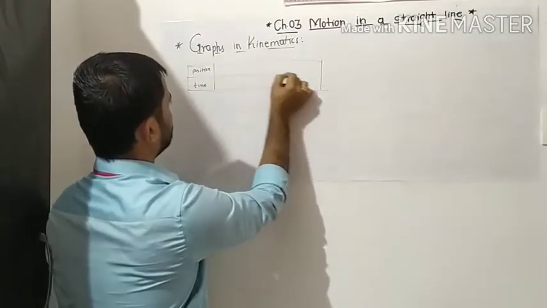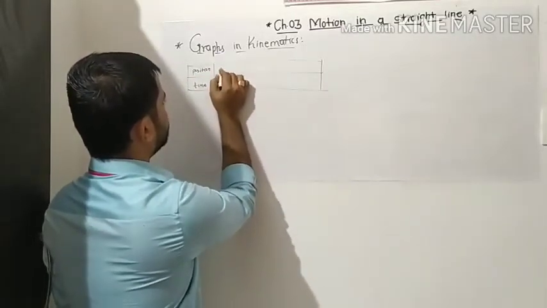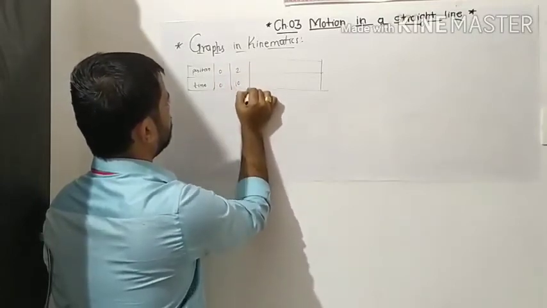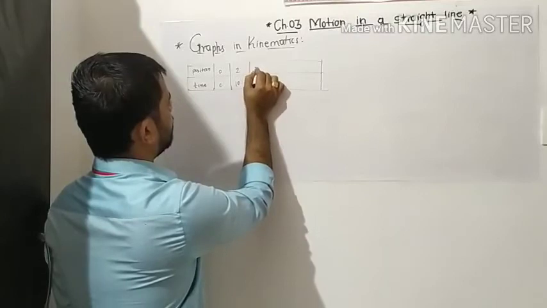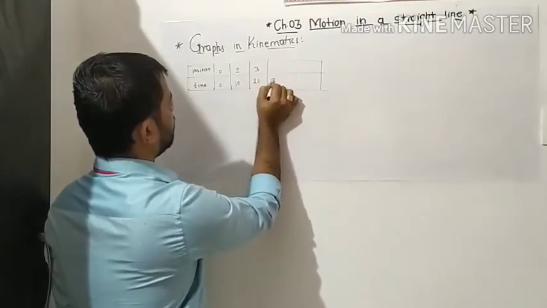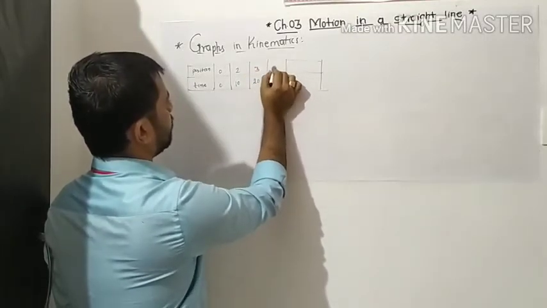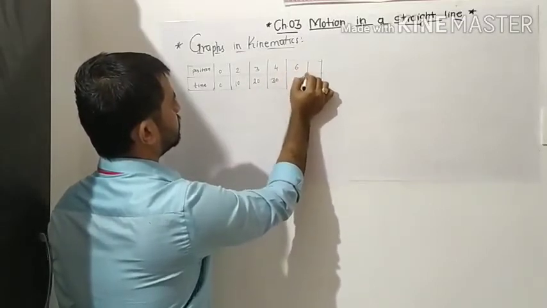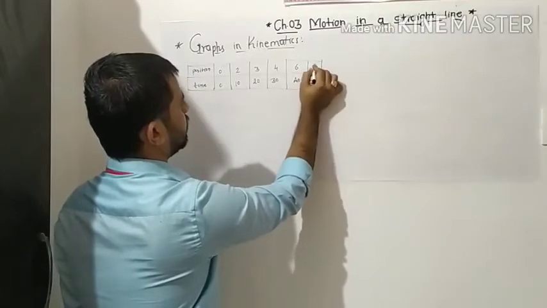Suppose for time 0, position is 0; for 10 it is 2; for 20 it is 3; for 30 it is 4; for 40 it is 6; for 50 it is 8.